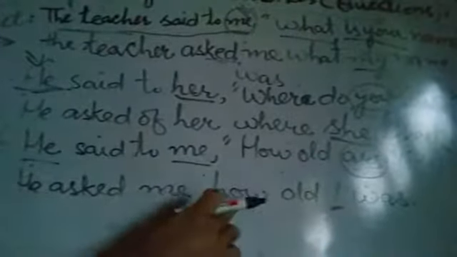If I write, he asked me how old was I, it remains an interrogative sentence, but as per rules it is wrong. We have to change it into a declarative sentence. So we always put the helping verb, the auxiliary verb, after a noun or pronoun, I mean the subject.